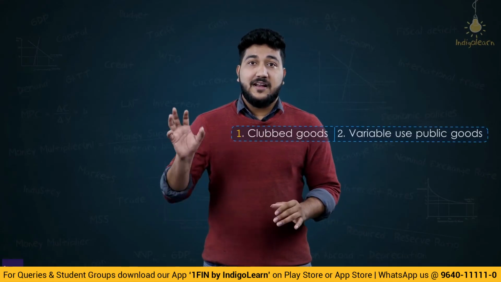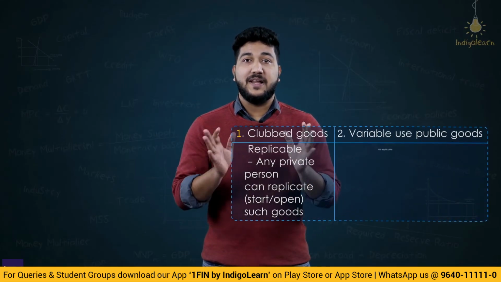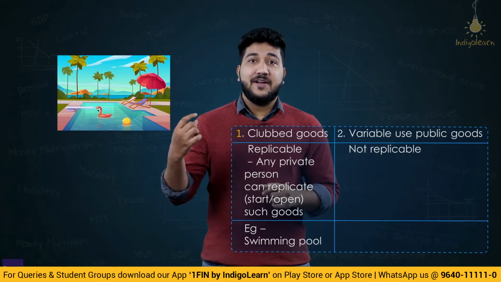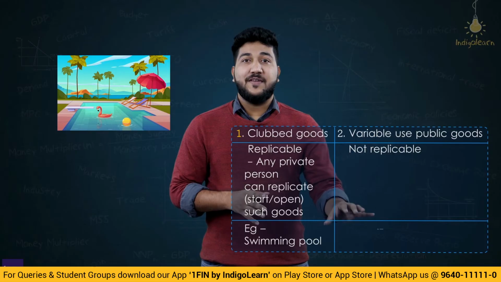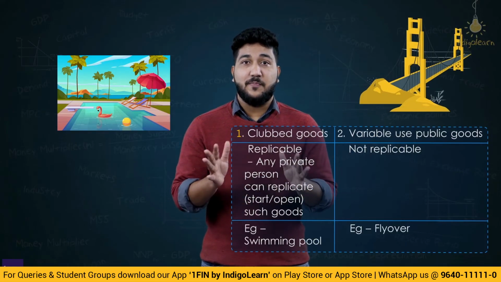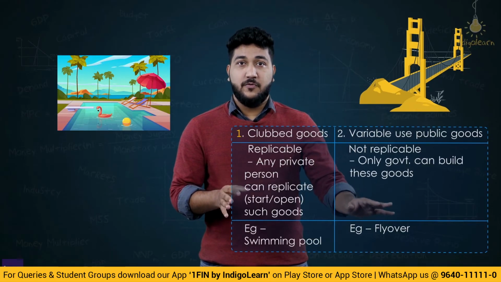Now there is a biggest difference between club goods and variable use public goods. Let me tell you that club goods are replicable, variable use public goods are non-replicable. How? A swimming pool, any other private person also can start a swimming pool, but if you talk about a flyover, can any private person build a flyover? Not possible, which means only government can build roads and flyovers here.